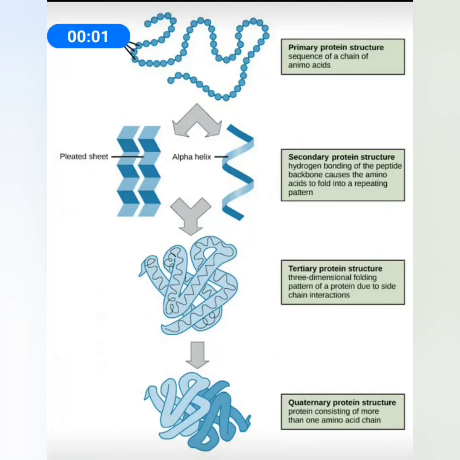The next level of protein structure is tertiary structure. The term tertiary structure refers to the entire three-dimensional conformation of a polypeptide. As you can see here in figure C, in the first figure you can see a long chain of amino acids. That is the primary protein structure, which consists of a sequence of amino acids.